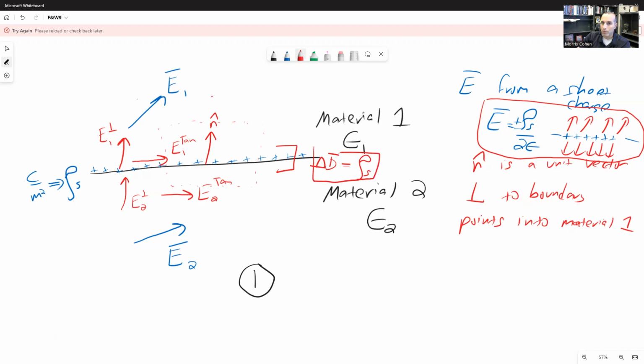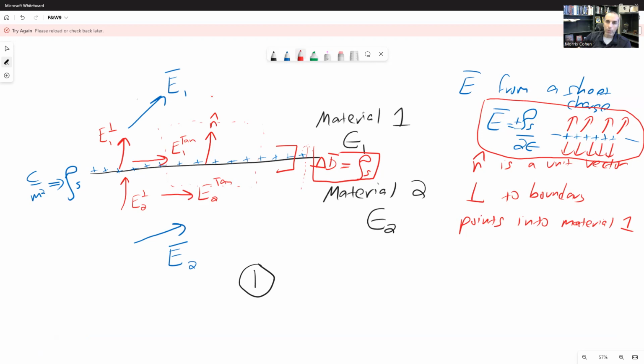That across this boundary, we're going to get a change in the electric flux density that is precisely equal to the charge density that's built up at the surface. And specifically, we're talking about the component that is in this direction. That's the only component that's going to be impacted by this charge density, because the charge is stratified horizontally. And so it only creates electric flux density that's up and down.